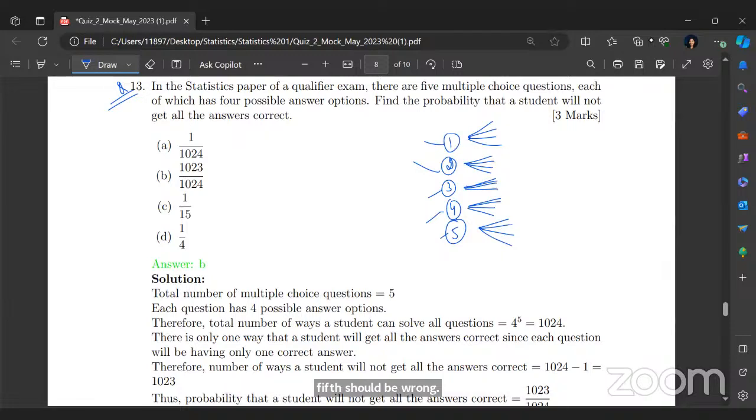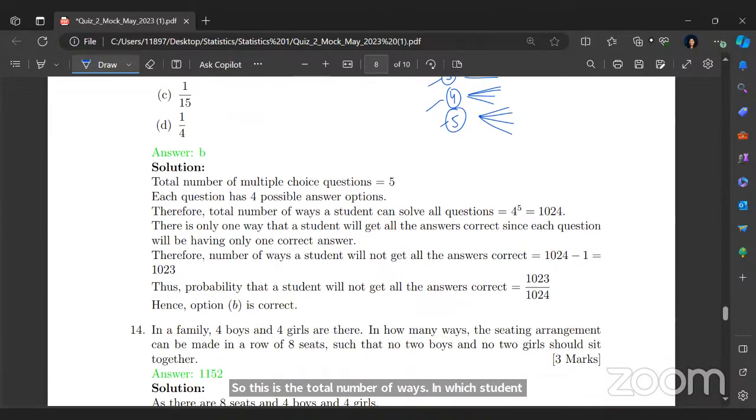So how many ways can a student solve all the questions? 4 to the power 5, right? Because each has 4 possibilities, and the total number of questions is 5. So this is 1024.